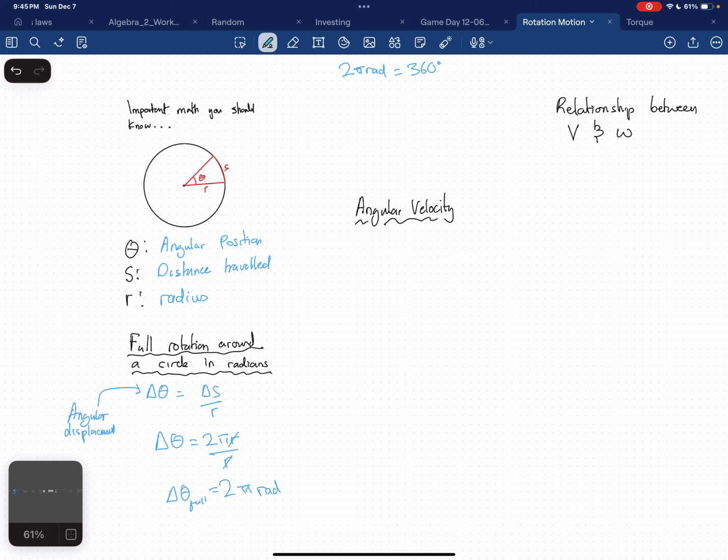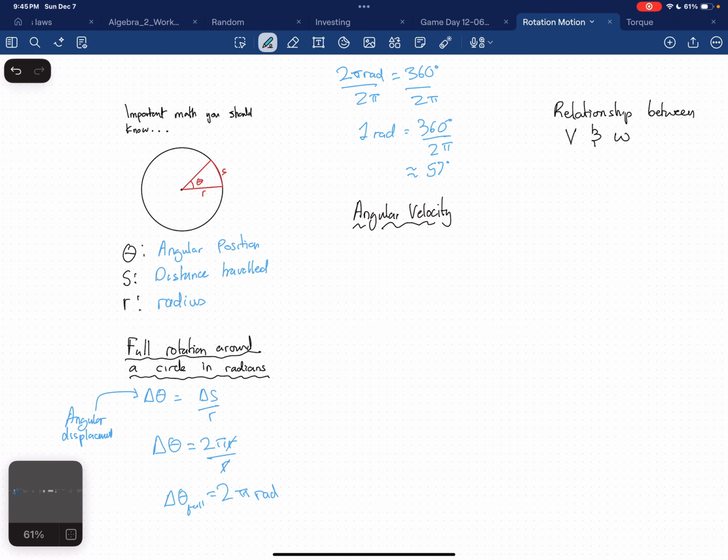If I divide by 2 pi, I see that 1 radian is equal to 360 degrees over 2 pi, which is approximately 57 degrees or so. I can check that. Yeah, approximately 57 degrees. So that's how you convert from radians to degrees.